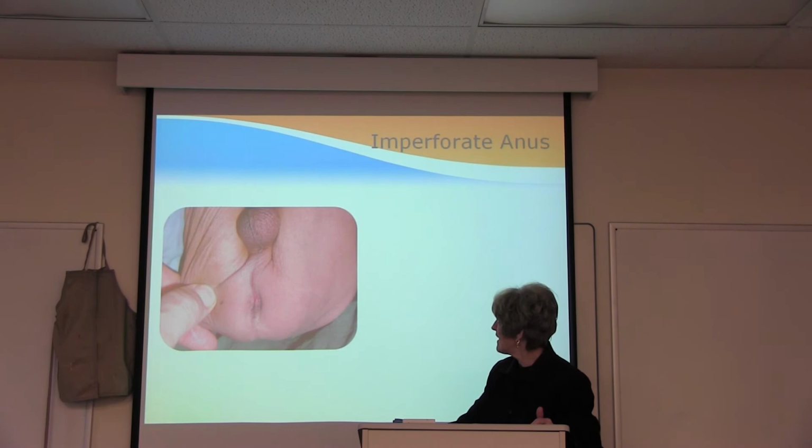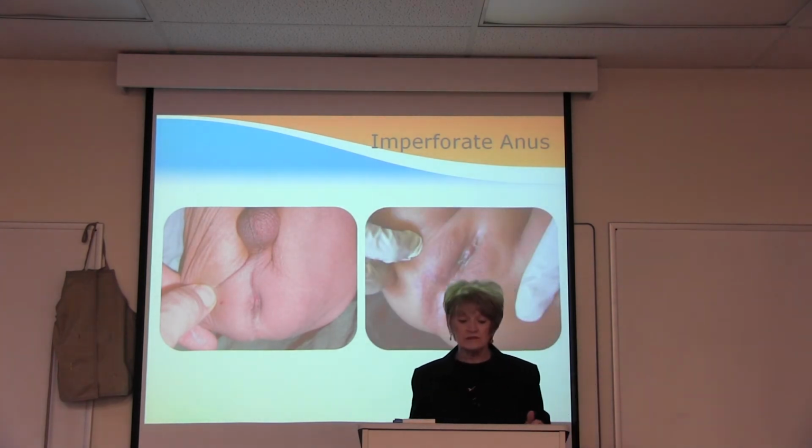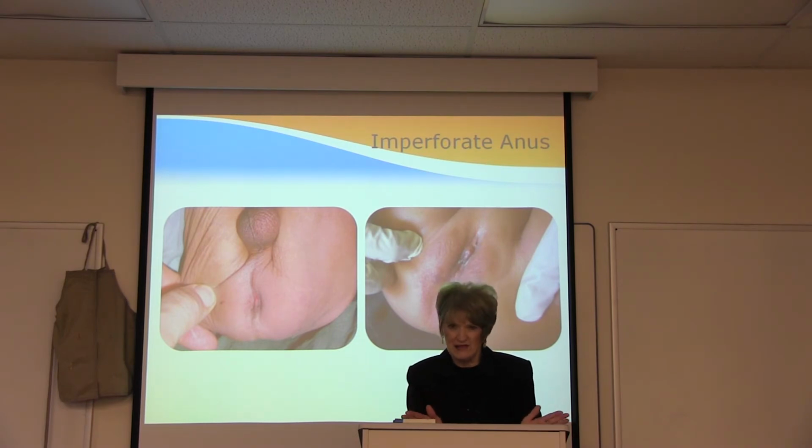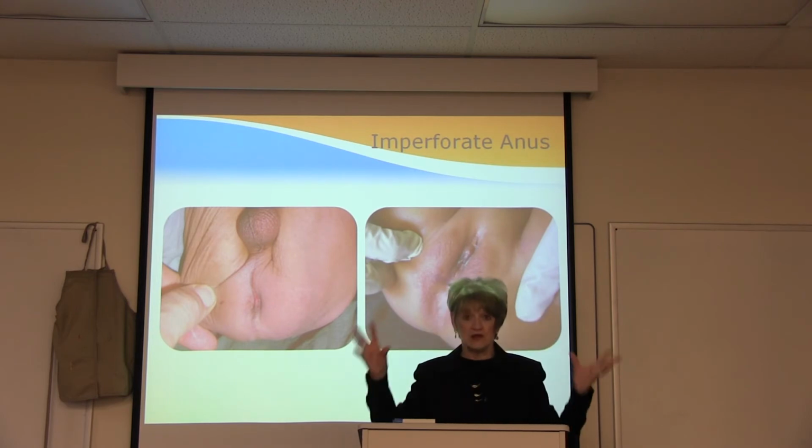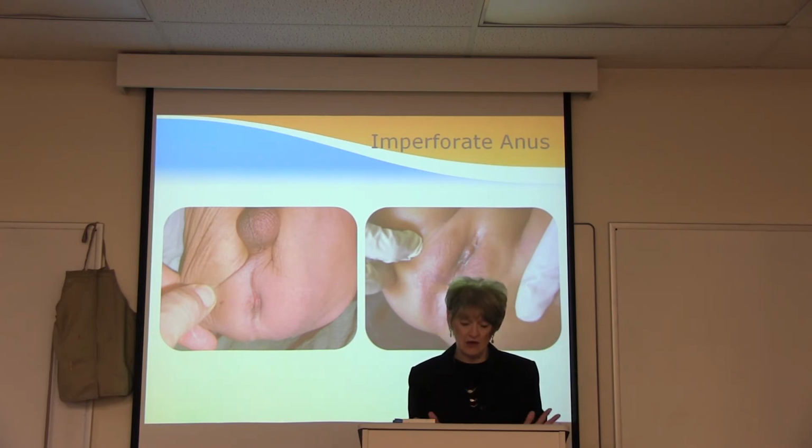Okay, now we're going to talk about imperforate anus. Imperforate anus is actually an umbrella term that includes any abnormality in the anorectal area. So if there's any problem with development of the distal rectum, the anal canal, the sphincters, and the anal opening, it is put in that bucket and known as imperforate anus.